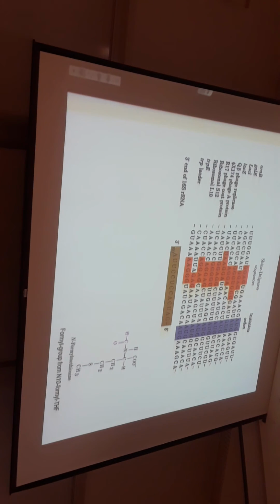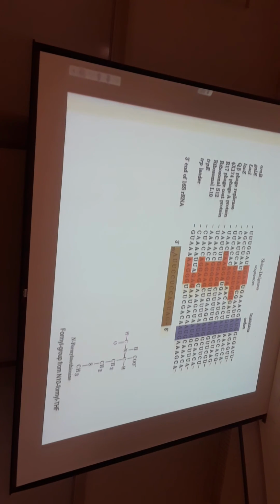If you remember the genetic code, AUG is actually not only used as an initiation codon or start codon, where N-formyl methionine is incorporated, but it's later also, later means in other positions within a polypeptide, used to incorporate methionine.